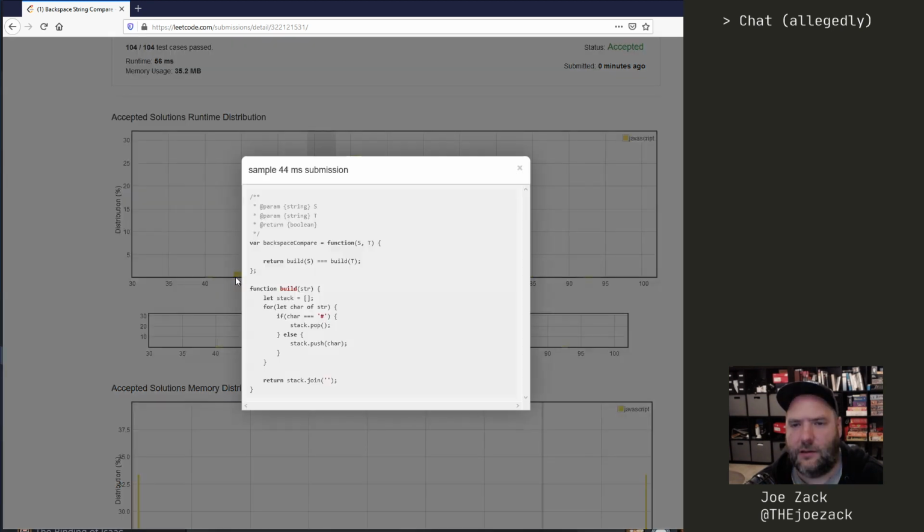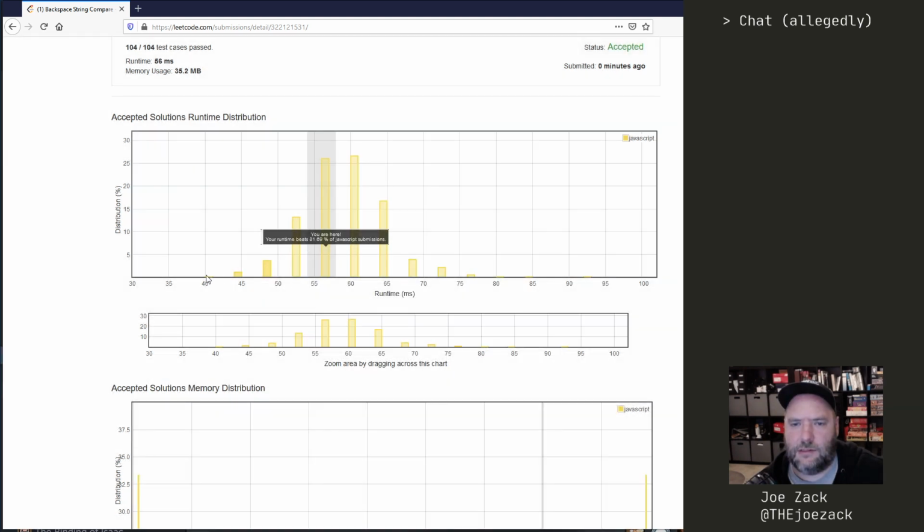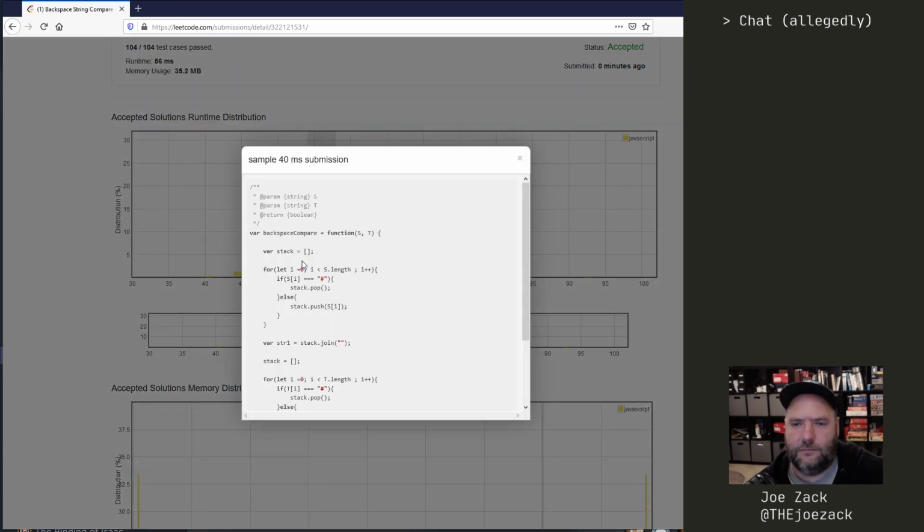But if we look at these solutions over here, this is the same thing. They pop off the stack or they push on the stack and they do the join. And that's it. So it looks like all the fast solutions are essentially the same. I guess that makes sense. There's somebody who did it even better.